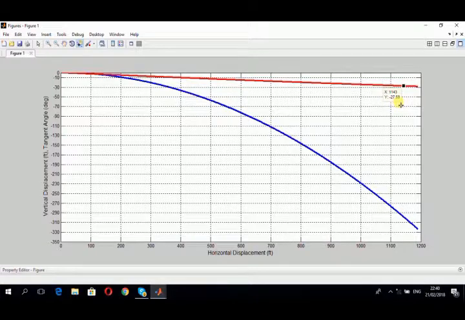That means at the end, when the projectile hits the ground after 300 feet downward vertically and 1,140 feet horizontally, the impact will have an angle of 27.6 degrees.